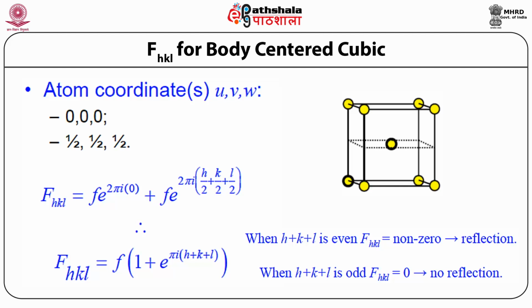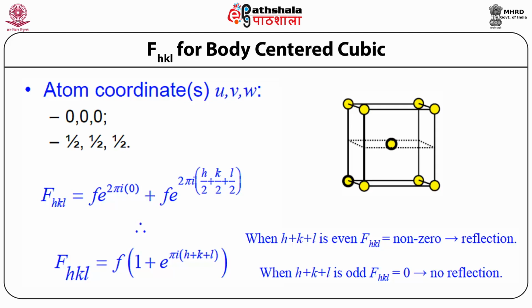When H plus K plus L is an even number, the exponent is a multiple of twice pi i, so e raised to it is 1, and 1 plus 1 is equal to 2. You will have a Bragg reflection which is twice the form factor.